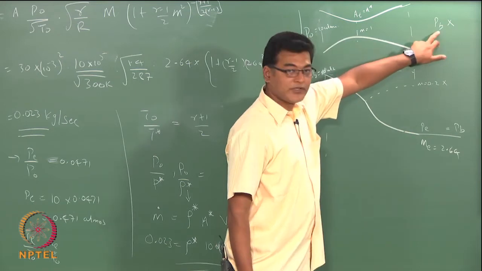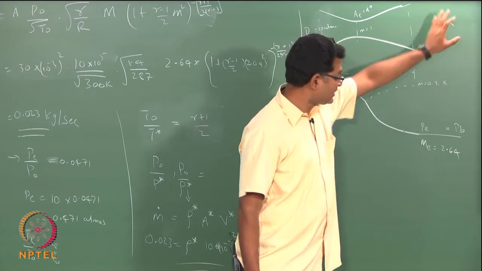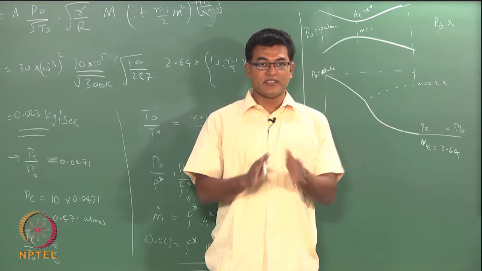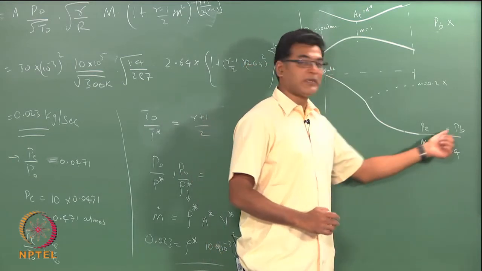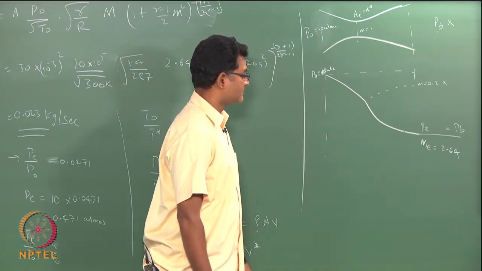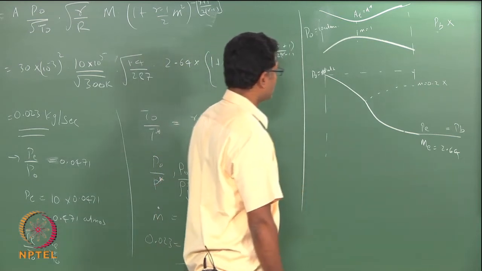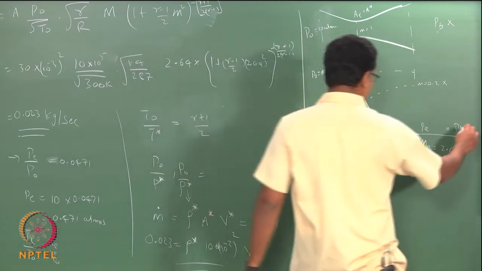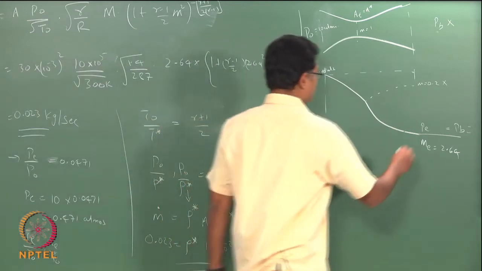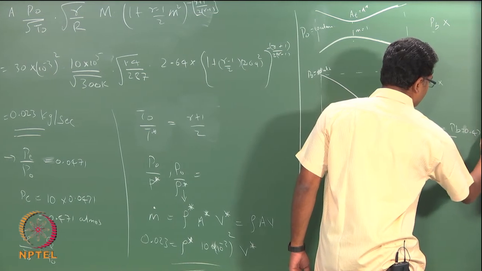Even though we do not have information about PB, the back pressure, the information that the nozzle is working in the design condition means my exit pressure is same as my back pressure, which is equal to 0.471 atmospheres.